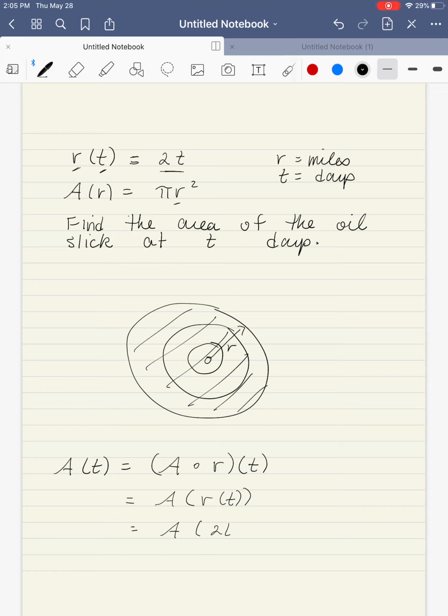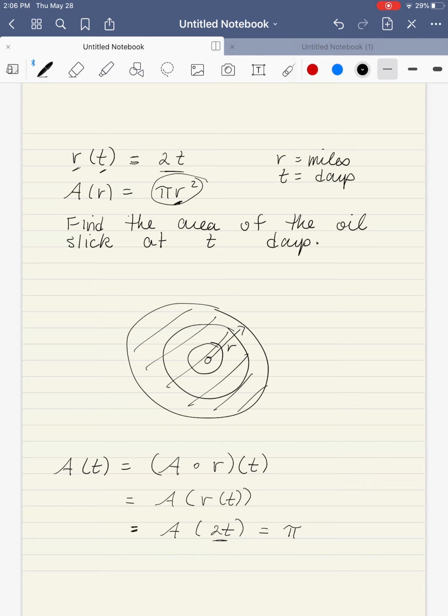So we can replace R of t with what it's equal to, 2t, the radius at time t. And then now we can replace the r in the area function with 2t.